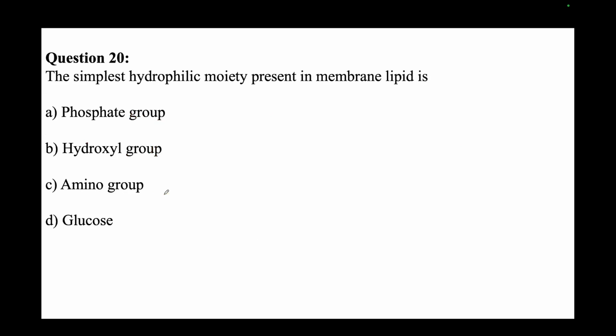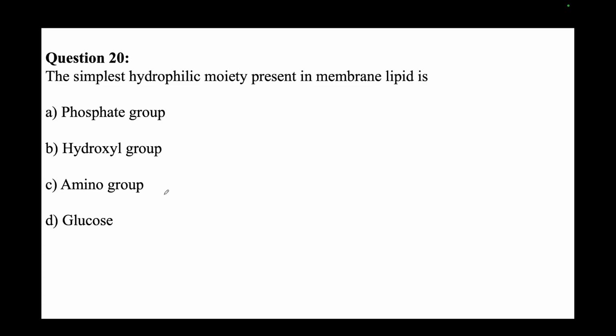Okay. So, next question, simplest hydrophilic moiety present in membrane lipid is option A, phosphate group, option B, hydroxyl group, option C, amino group, and option D, glucose.